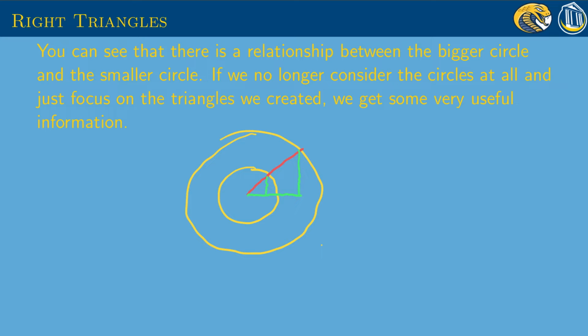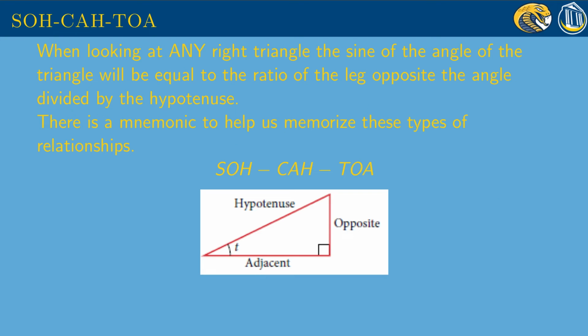We can just have a smaller right triangle and a larger right triangle whose angles are the same. And so we can look at any right triangle.